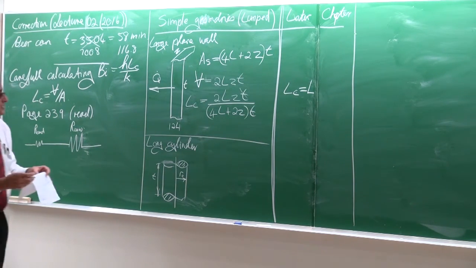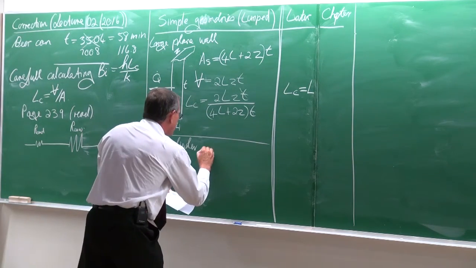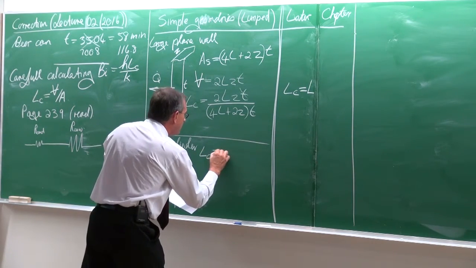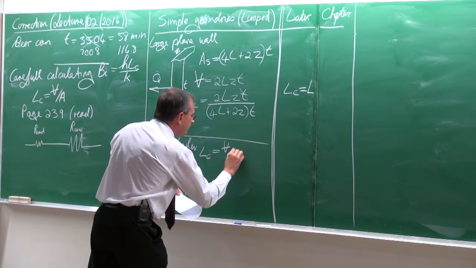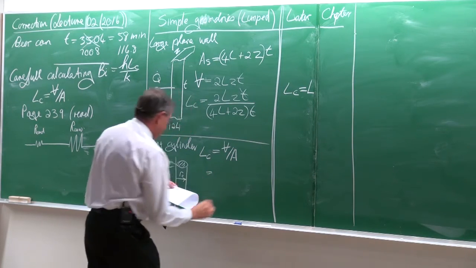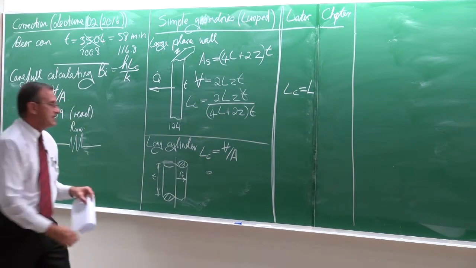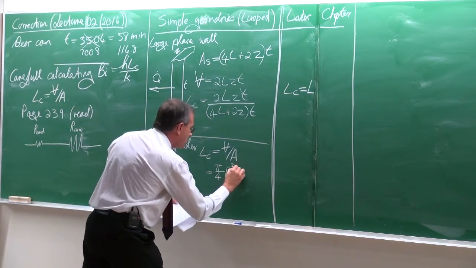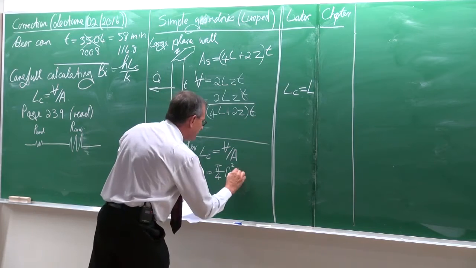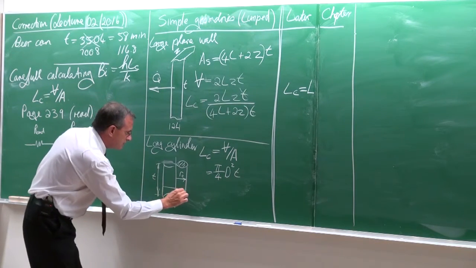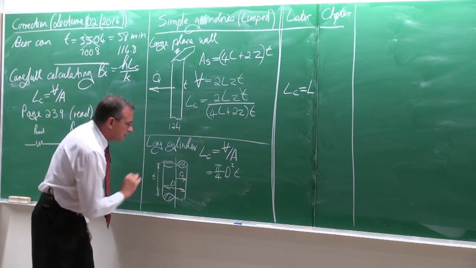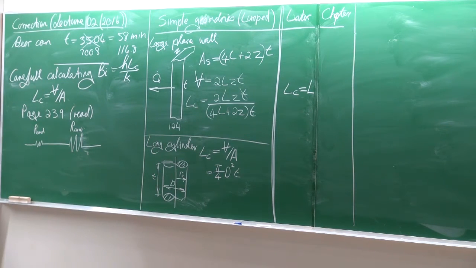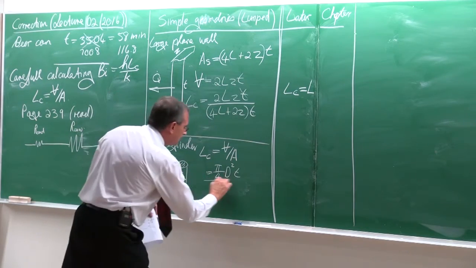So for this case, if we calculate the characteristic length, which is equal to the volume divided by the area, then the volume is equal to pi divided by 4 d squared multiplied by t. That is obviously the diameter, and the diameter is equal to 2 times R0. So that's the volume. Do you agree?